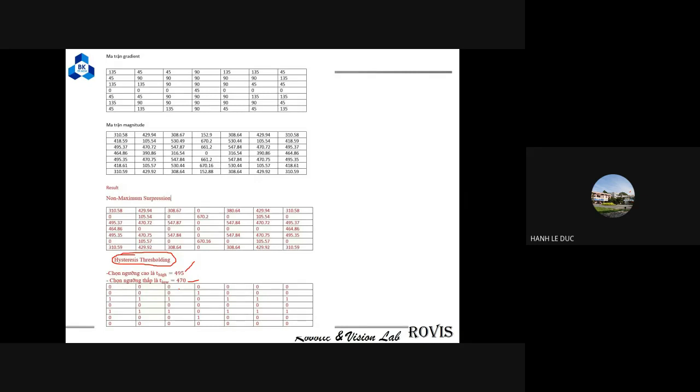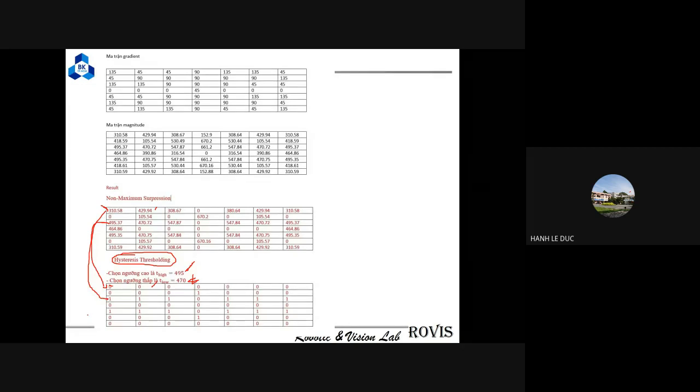Here, this is smaller than the low value, so it becomes 0. This one is also smaller, so it becomes 0. This one is bigger than the high value, so it becomes 1.